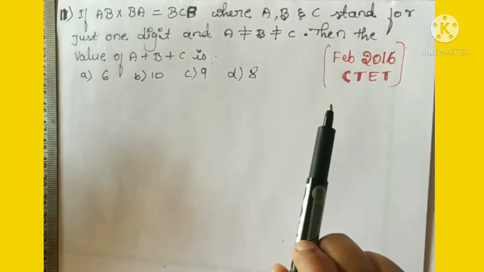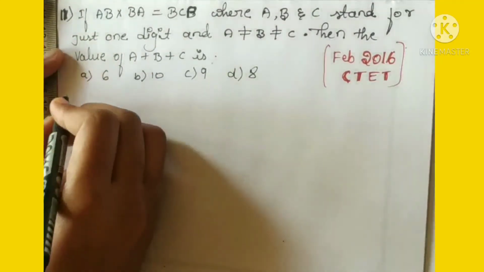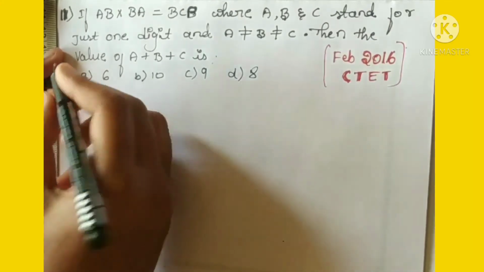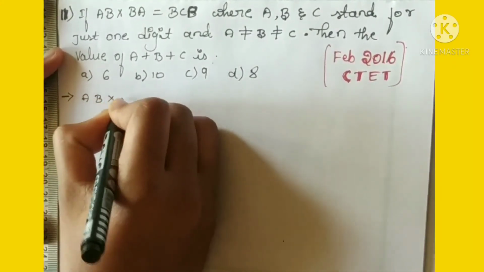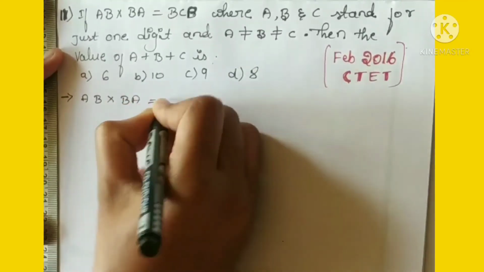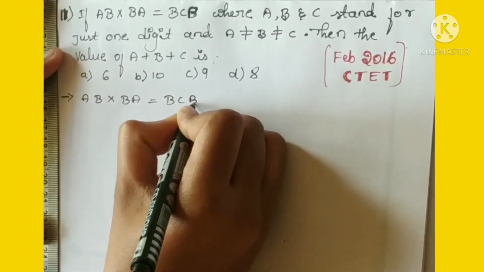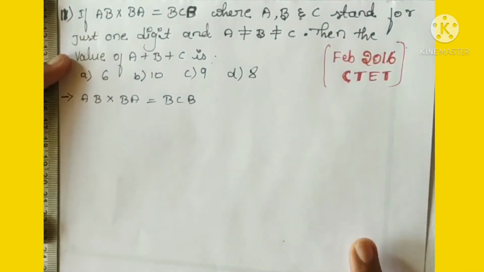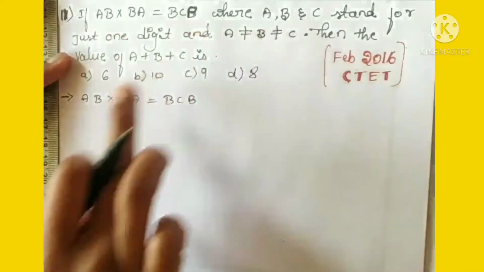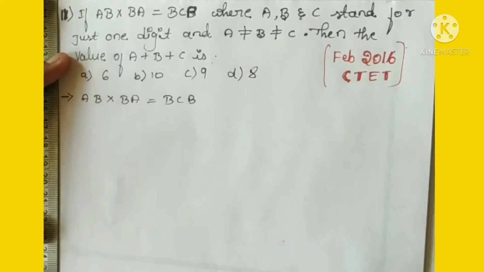To solve this question, I just consider AB into BA, which is equal to BCB. I just consider the given equation as it is. Now just consider the values randomly as your wish.